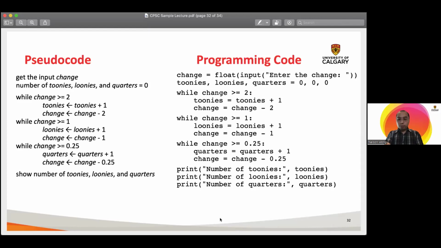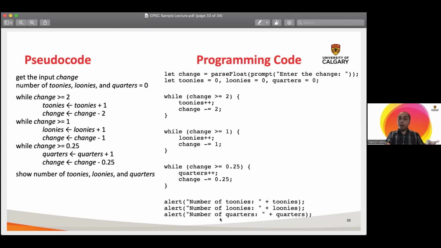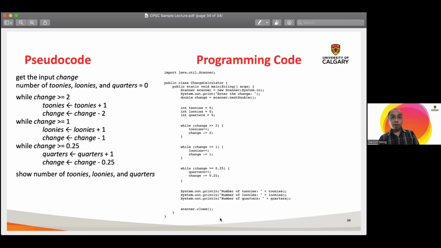So this is one example. And this is another example. This is JavaScript. And it's no different, right? But we can just translate it. And this is another one. Okay? This is Java. All right. And again, using the same pseudocode, the same algorithm, we can convert that to some programming languages.